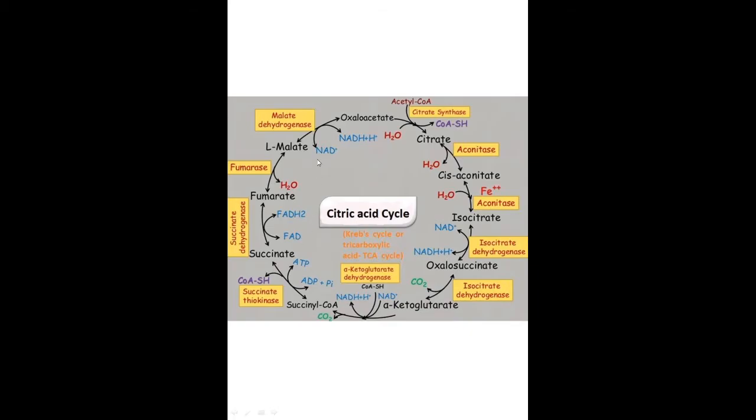Otherwise, this cycle would stop. So, unless FADH2 or NADH is oxidized in the respiratory chain with the help of oxygen, NAD or FAD will not be regenerated to continue the cycle. So, Krebs cycle is linked very much to the respiratory chain and therefore is indirectly aerobic.